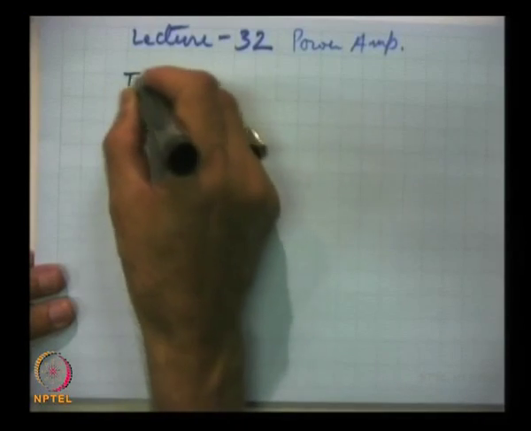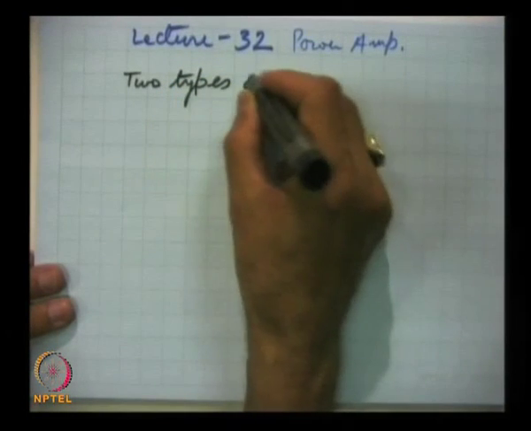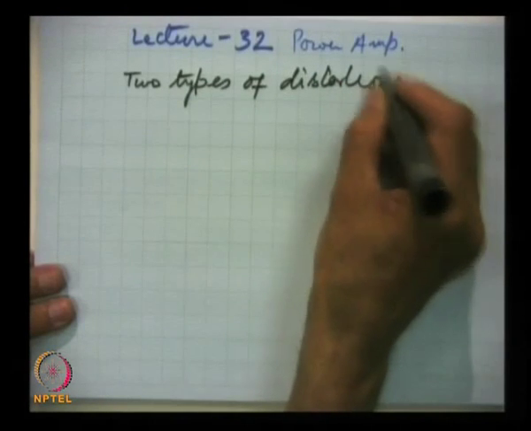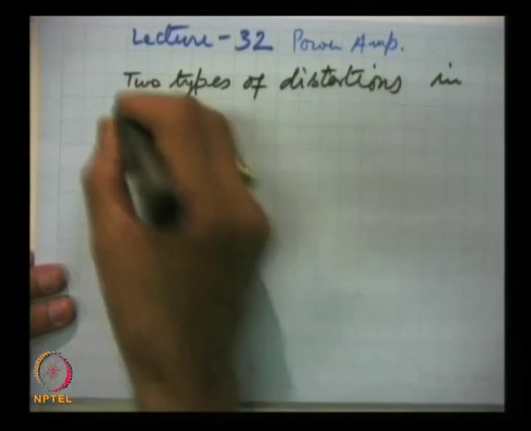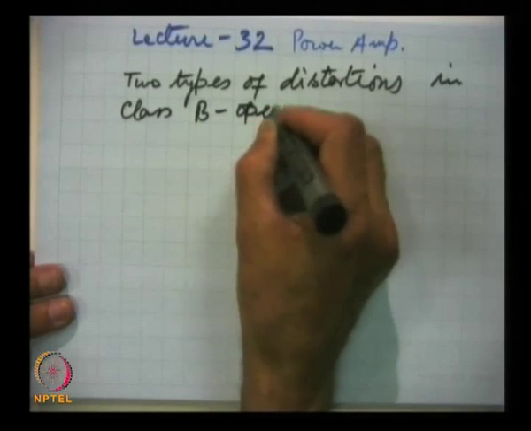We were talking about the distortions in the output signal in class B operation, and we said that there are two types of distortions in class B operation.